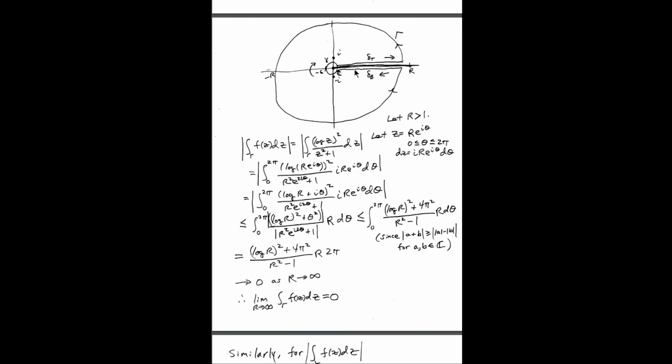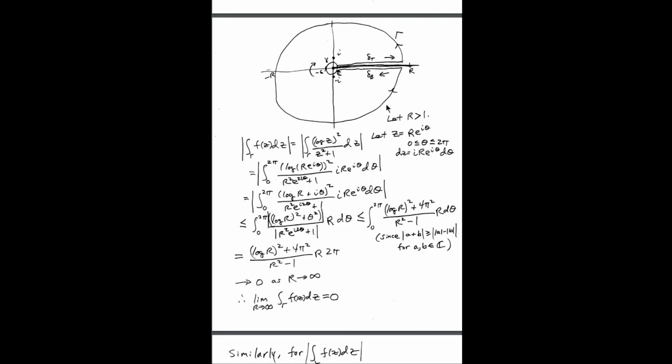It's all kind of messy in here, but you'll see what we're doing. And we're going to have two straight line paths. The one that goes from R to epsilon, I'm going to call that delta sub B, just on the bottom of the axis there. And the path on top of the axis, from epsilon back to R, I'm calling that delta sub T.